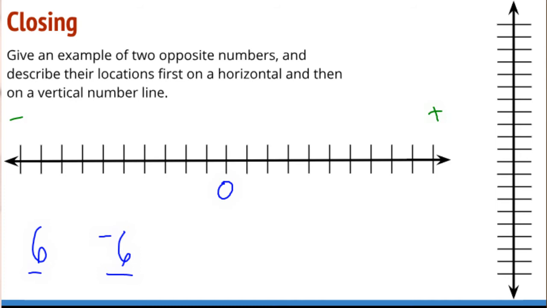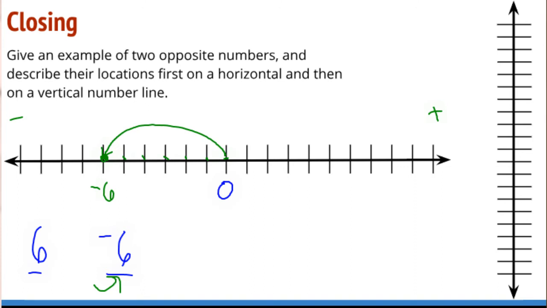The -6 is 6 units in the negative direction from 0. So here's the 0. 1, 2, 3, 4, 5, 6. So I have moved in the negative direction 6 units, and I have landed at -6.